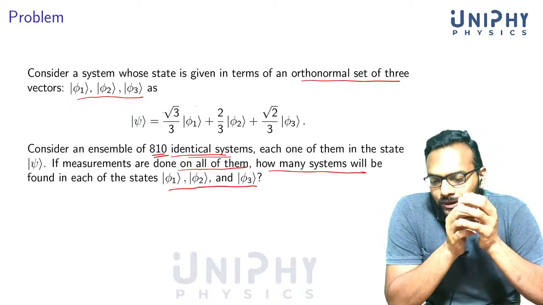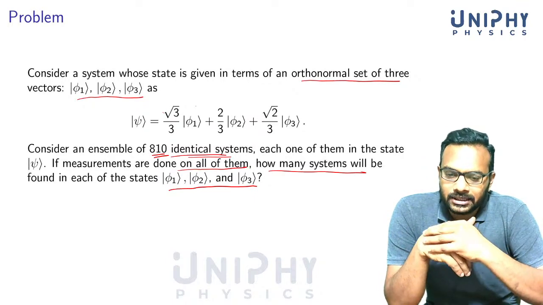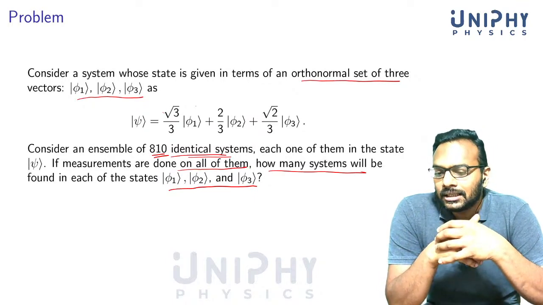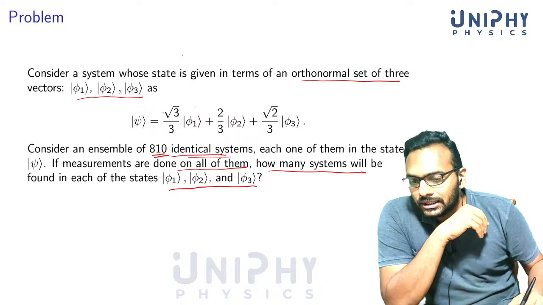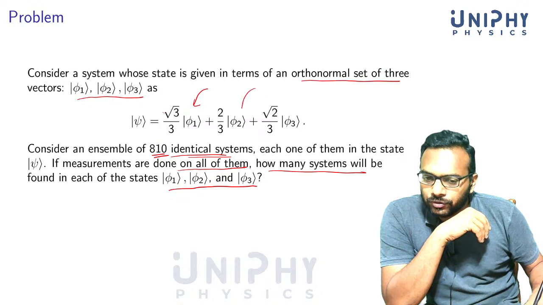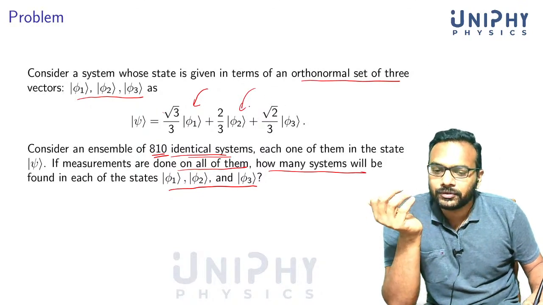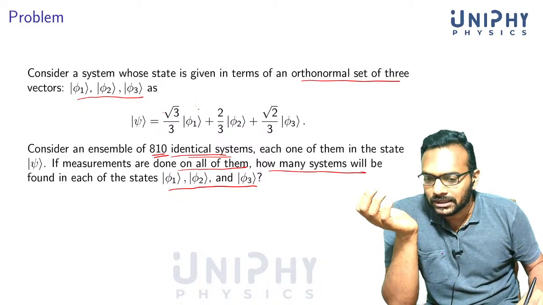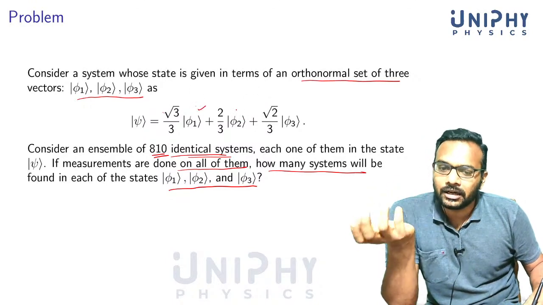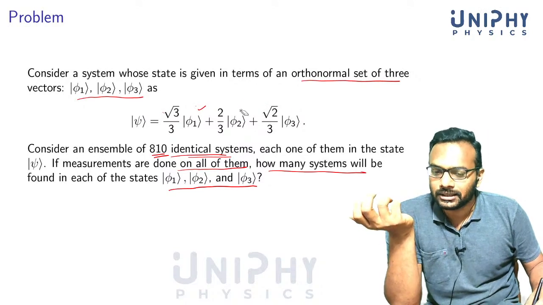Now the question is this: we know that the state of the system changes after the measurements. The state of the system would change to phi 1 if we measure the corresponding eigenvalue. It goes to phi 2 if you measure the corresponding eigenvalue, and phi 3. So some of the systems after measurement will be in the state phi 1, some will be in the state phi 2, and some of them would be in the state phi 3.